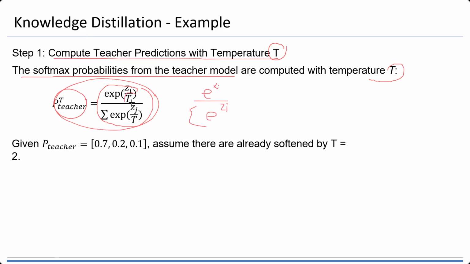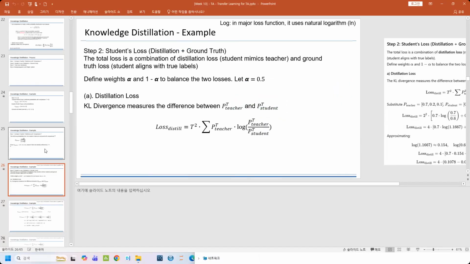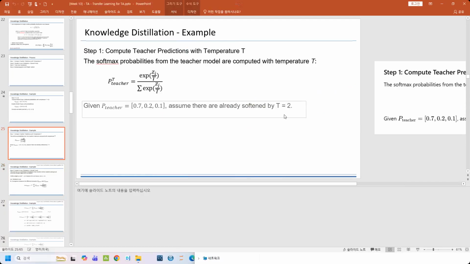But because we want to consider the temperature T, the formula will be the exponent of zi divided by T, over the sigma of zi divided by T. Given the P teacher 0.7, 0.2, and 0.1, assume they are already softened by T equals 2.